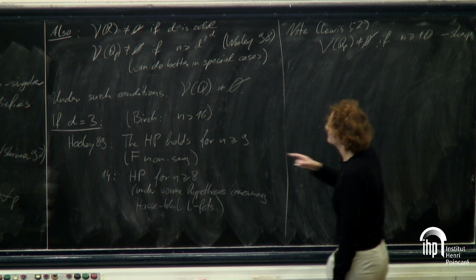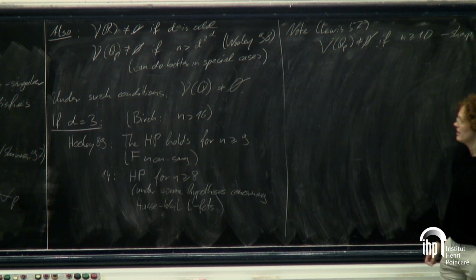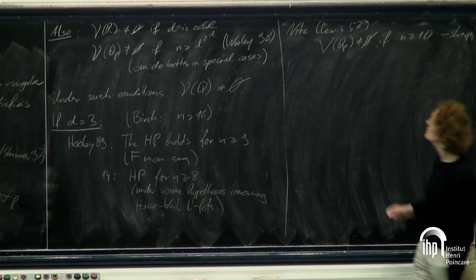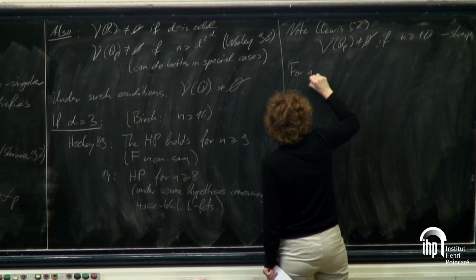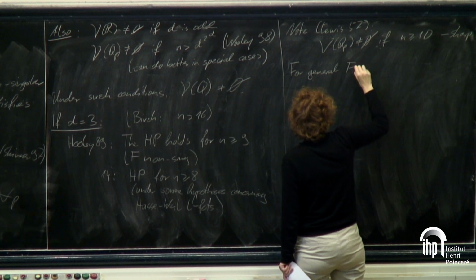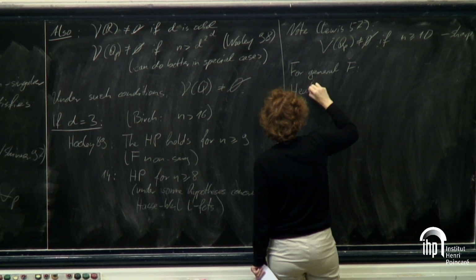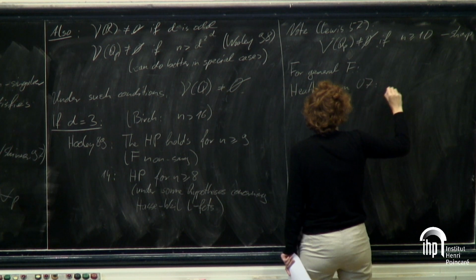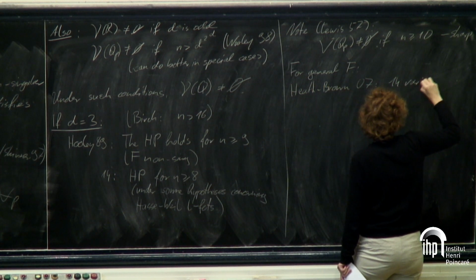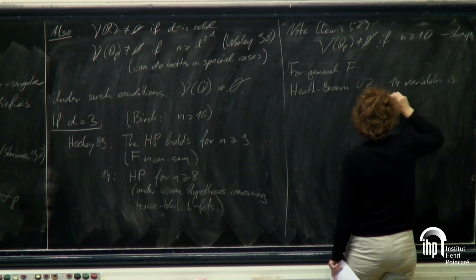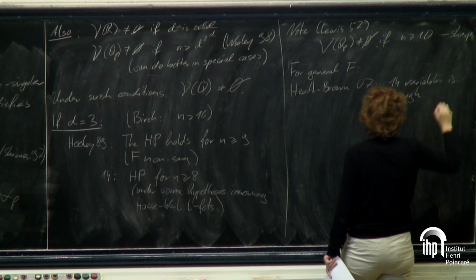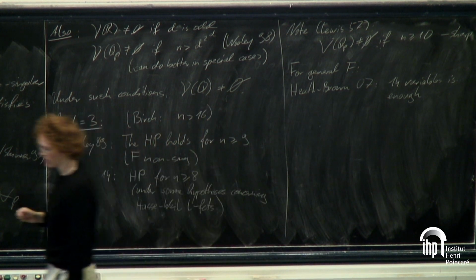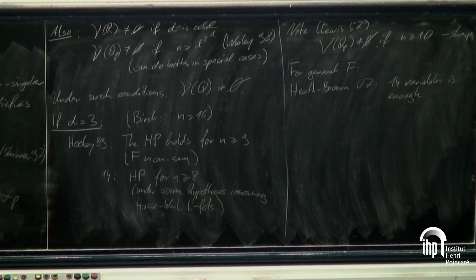And well, if f is general, as in we don't make any assumptions about non-singularity, then we know that 14 variables suffice.